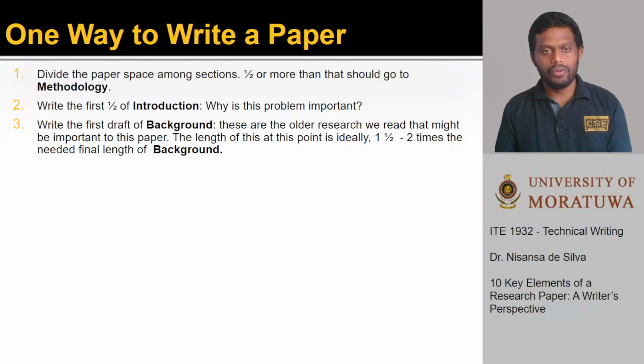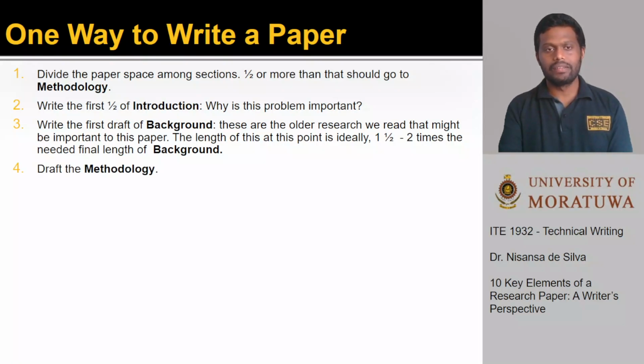So don't stress yourself over writing a perfect background or perfect related work at this early stage, because when you are working on it, you might find other things that are important, and maybe things that you thought important in the beginning might have to be cut off. So don't waste too much time at this point stressing over the limits and lengths and so on and so forth. Now, after this, you can draft your methodology.